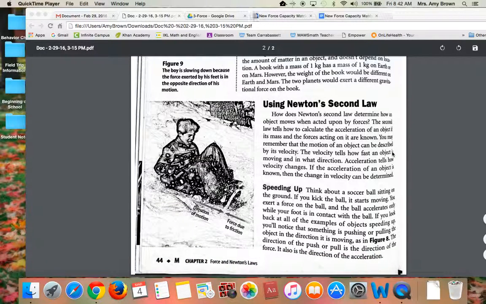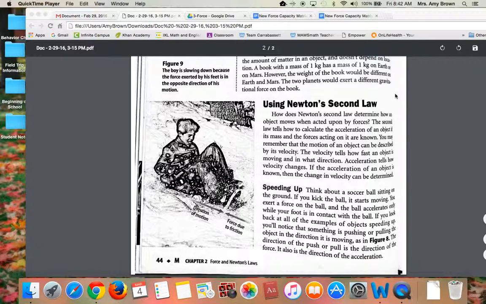Now we're going to look at Newton's second law. I know this isn't pertaining to this matrix where you're focusing on just the forces, but forces come into Newton's second law and you will be learning that in the next matrix, so it's good to be familiar with some of this. How does Newton's second law determine how an object moves when acted upon by forces?